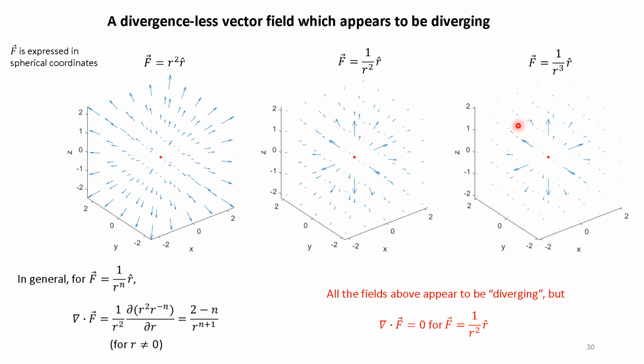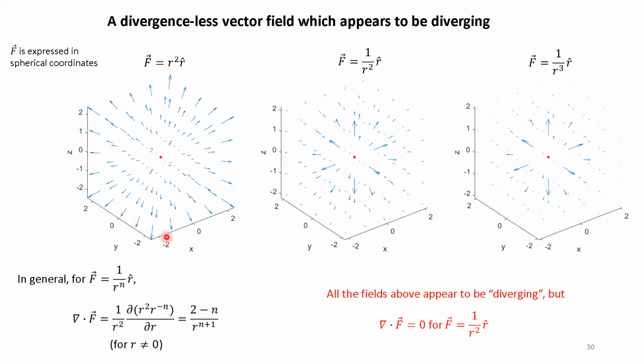It's not difficult, just apply the formula in the lecture notes for the divergence in spherical coordinates. In general, let's say I have f equals 1 divided by r to the n, r hat, where n is any real number, positive or negative. If I put n equals -2, it is this case. If I put n equals 2, it is this case.